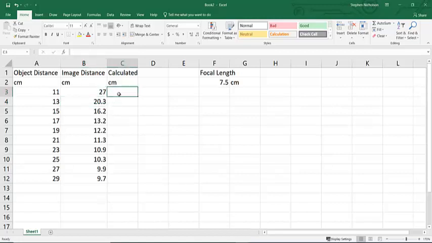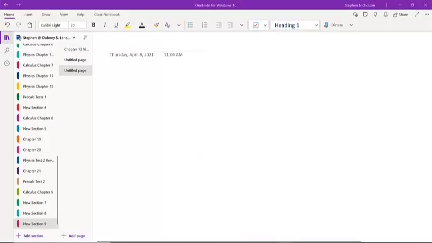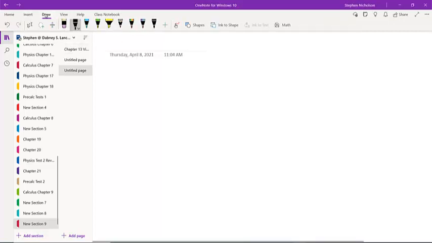Now, as far as calculating it is concerned, what we'll do is use the lens equation. So let's pause for a second. Let me get up a sheet of paper. Okay, so we're going to calculate the image distance based upon the focal length and the object distance. So we have 1 over p plus 1 over q is equal to 1 over f. So we're solving for q.